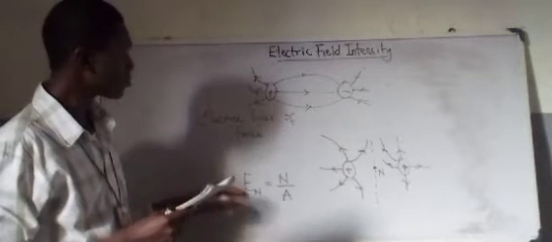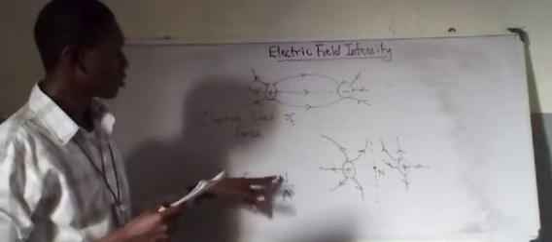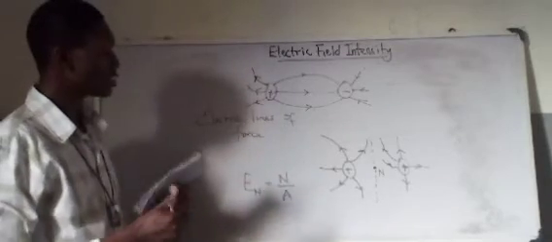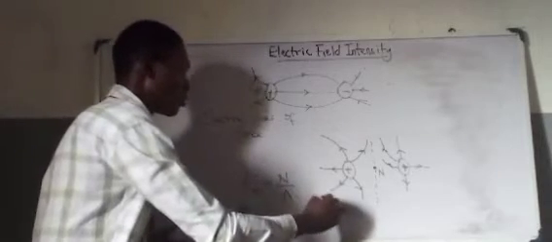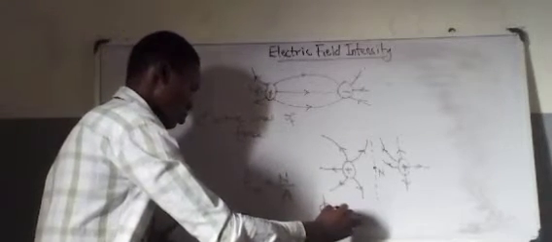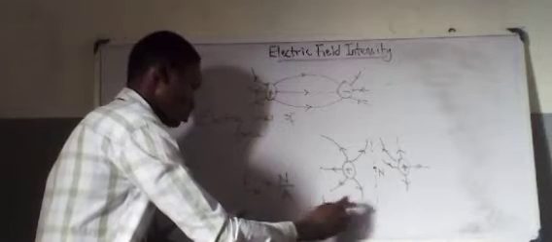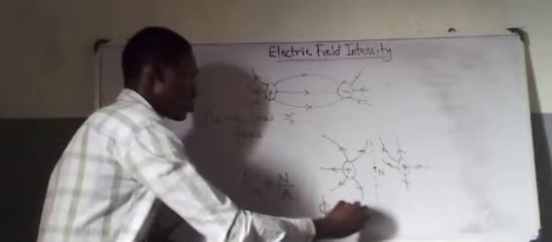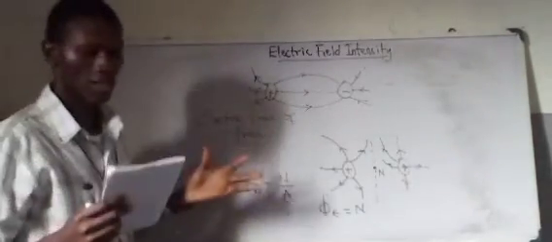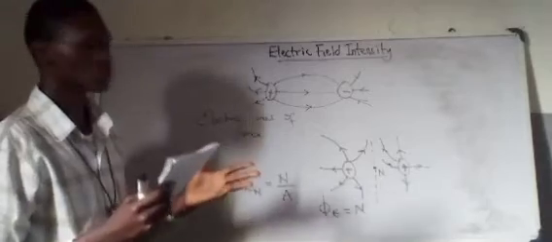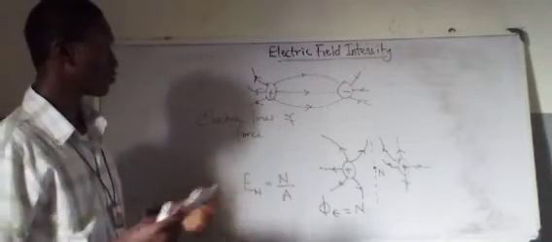So now, since N is the number of lines of force, we can also call it the what? The total electric flux. So we can say total electric flux is equal to N, because we're talking about a number of lines of force.